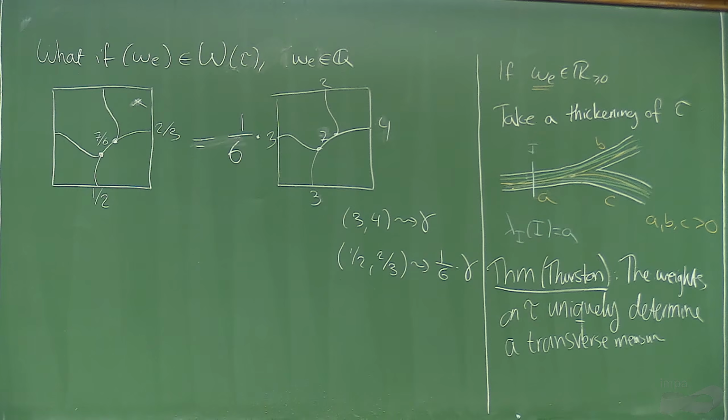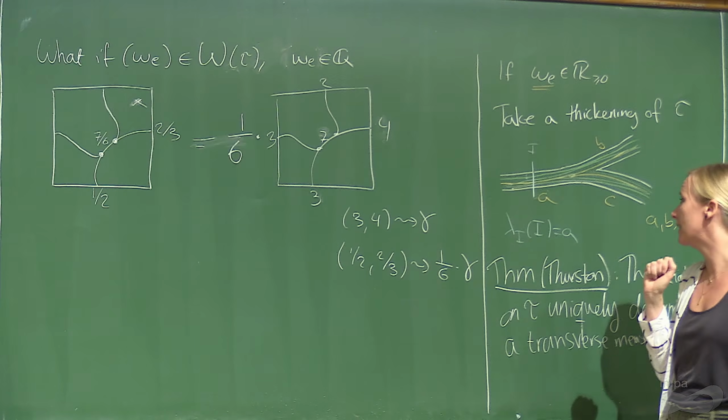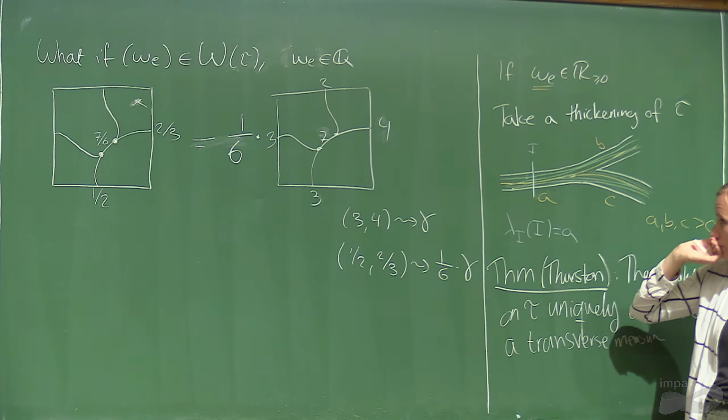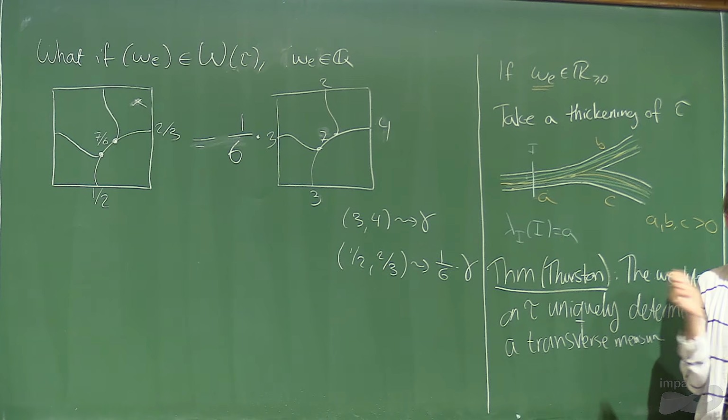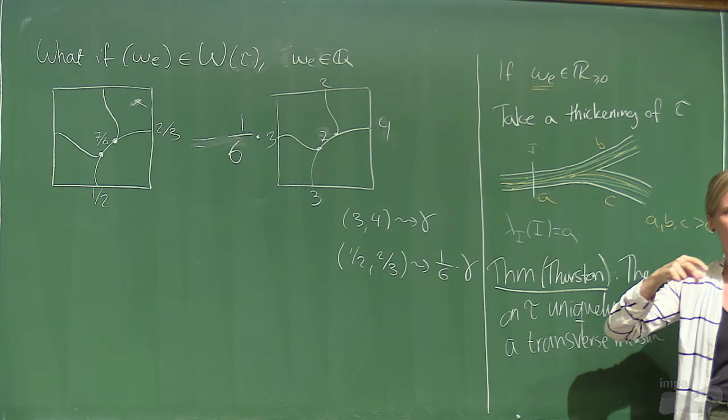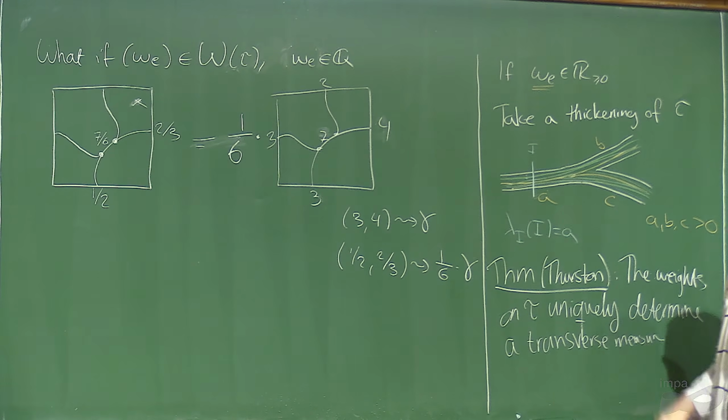So what is the assumption here? We don't have our lamination yet. We just have weights on the train track. Let's assume, take it as a fact, that your train track is very close to being geodesic. So all these edges are very long and have very small curvature.